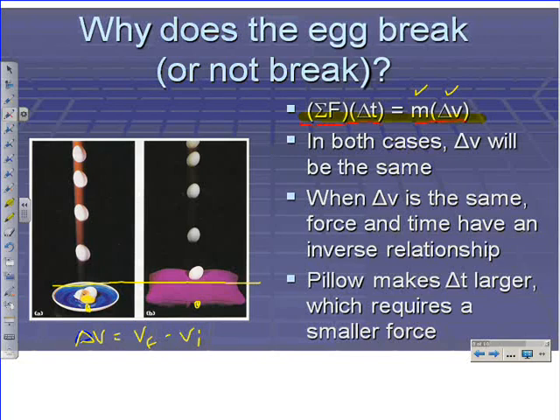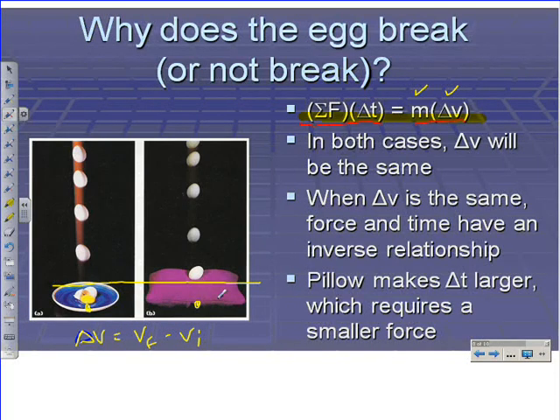But impulse has two factors, a force factor and a time factor. We can mess with either one of them and have the resulting change in motion be the same. When we experience the same change in momentum, as we do in the case of this egg, force and time will have an inverse relationship.